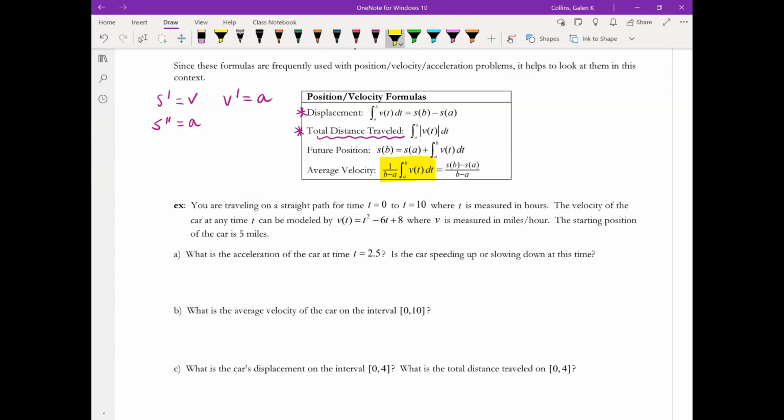But because velocity is the rate of change of position, I could think of this as the average rate of change of position. So this is equal to the average rate of change of s.